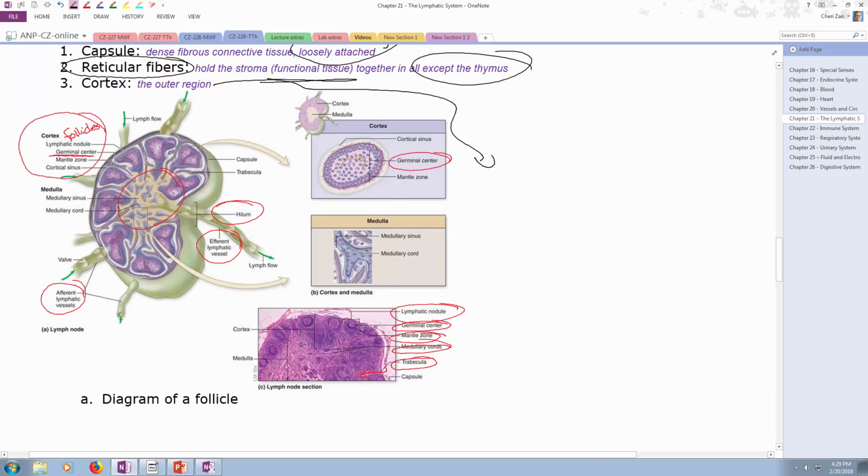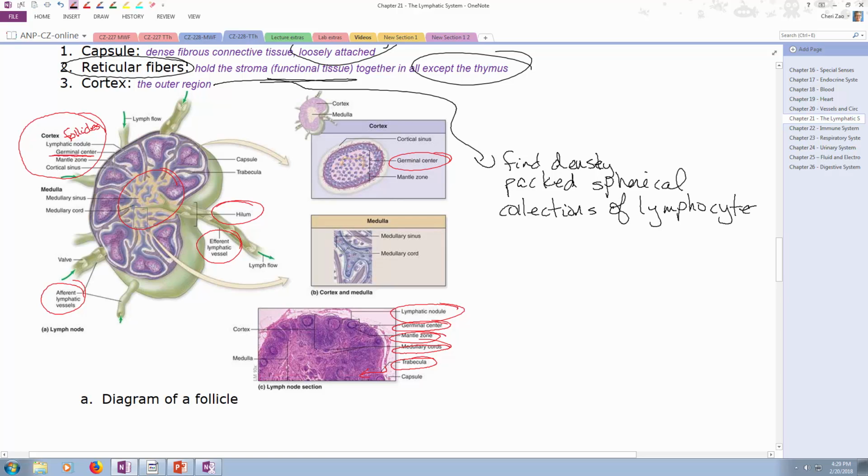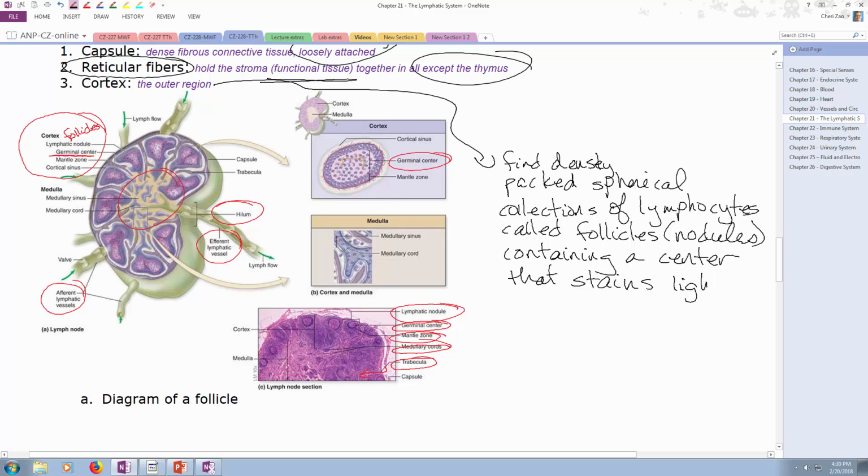Let's make sure that we state that's where we find densely packed spherical collections of lymphocytes called follicles, and sometimes nodules, depending upon the literature, containing a center that stains lighter and is called germinal center.